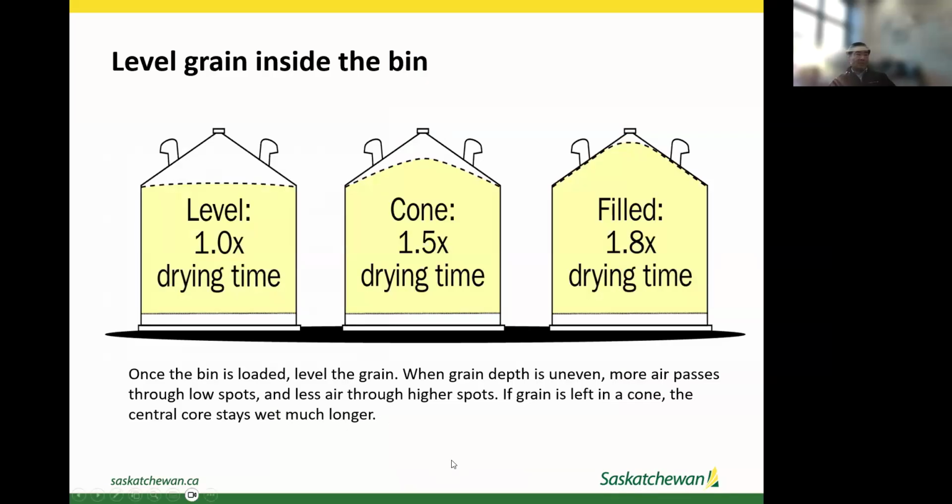Another practical suggestion is to level your grain inside the bin after you load it. Because when you use natural air to blow air into your grain bins, if the grain is not even, I mean the depth is not even, the air tends to pass through the lower spots, and less air would go through the higher spots.